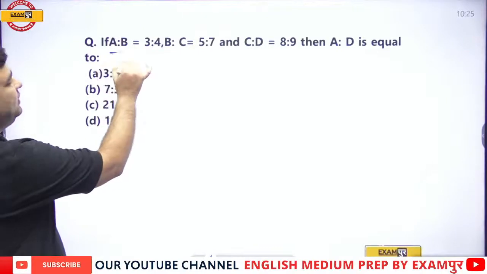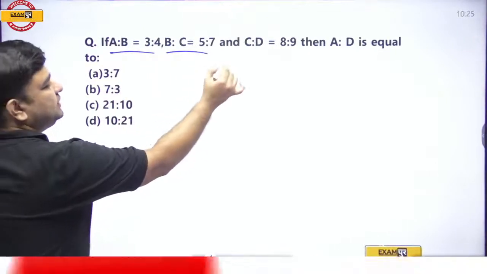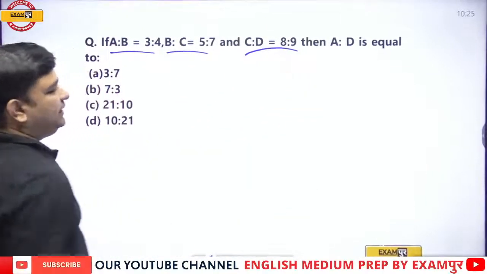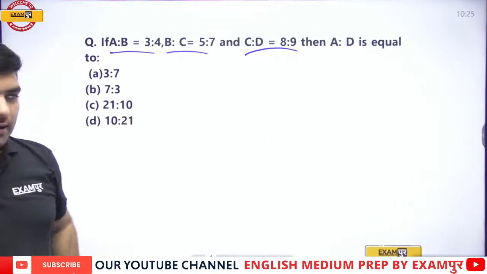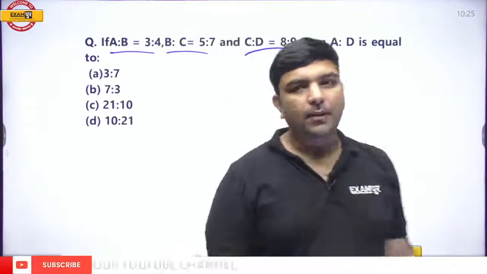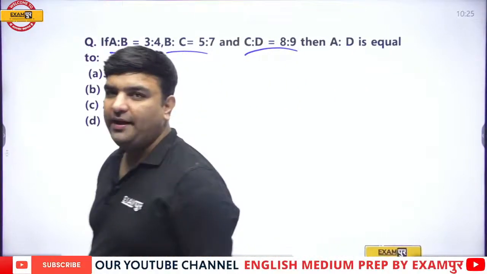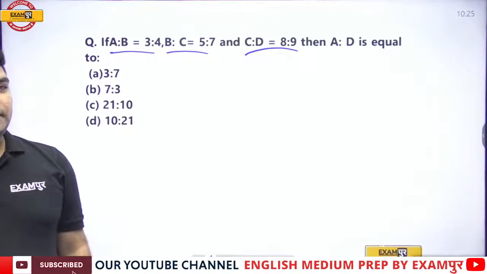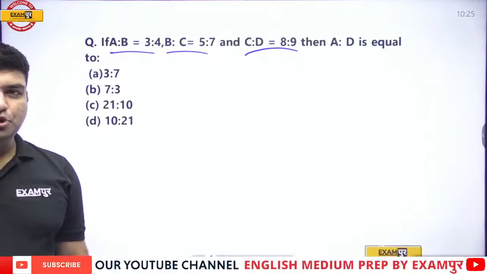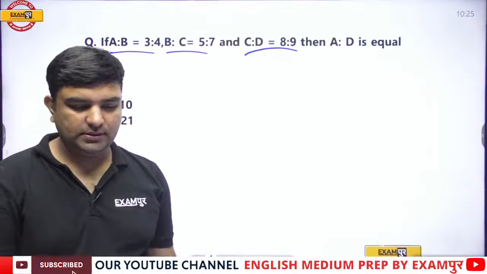A ratio B is given, B ratio C is given, C ratio D is given, and they are asking what is A ratio D. Again, remember my words: finding only the connection between two is not that difficult.